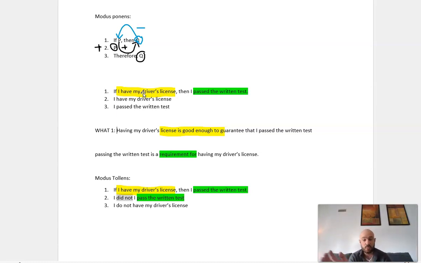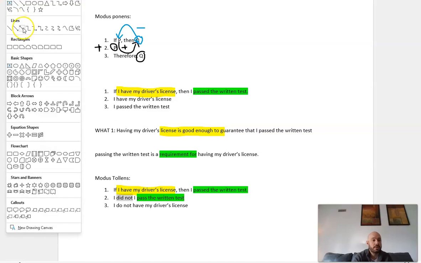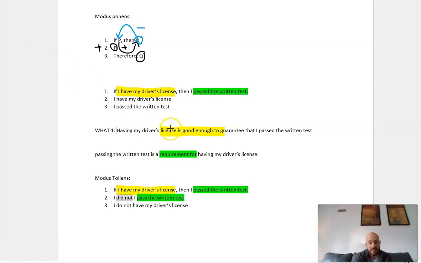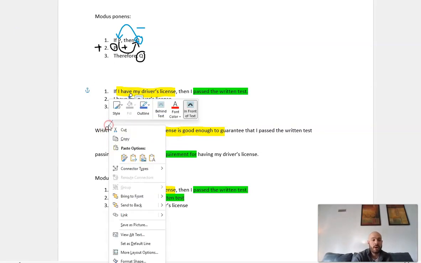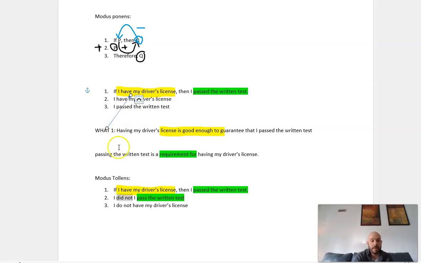And so that's what the what one part of this statement means. So what statement number one corresponds to your sufficient condition.